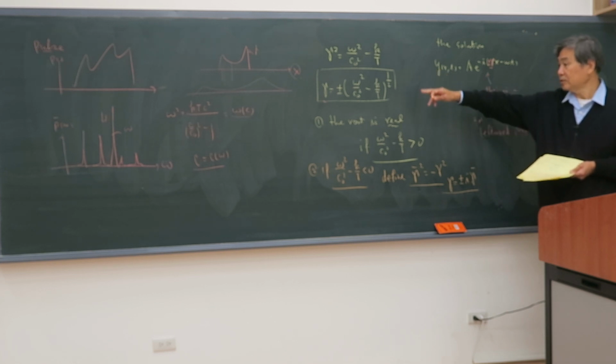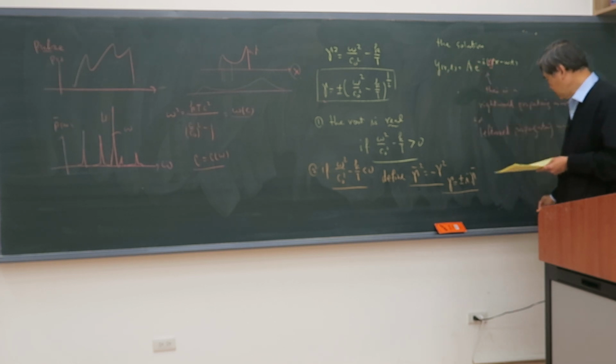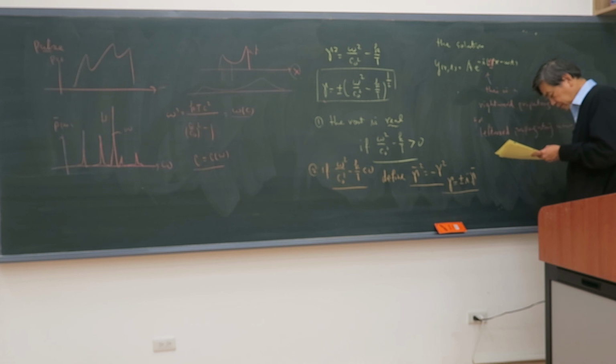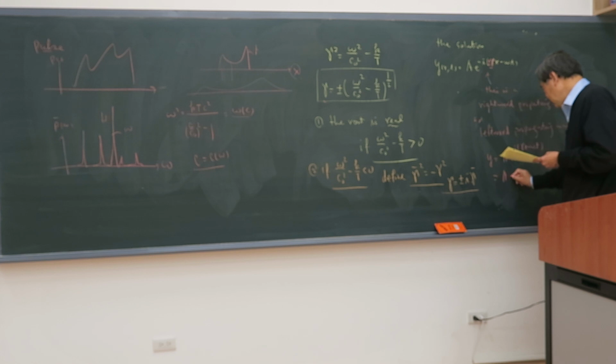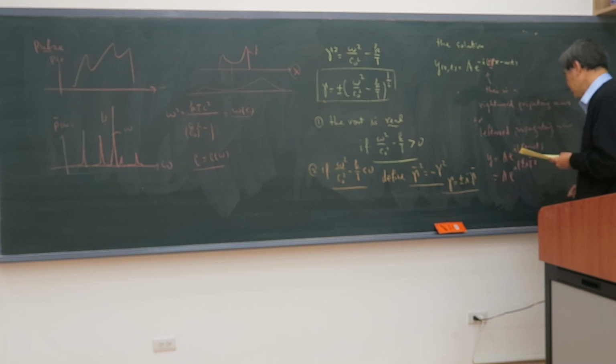You put it back into the waveform, y equal to A e^{i(γx − ωt)}, which equals A e^{i(±iγ-bar x − ωt)}.